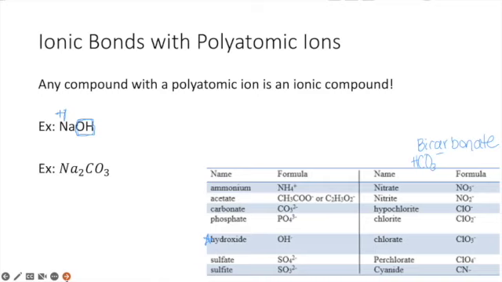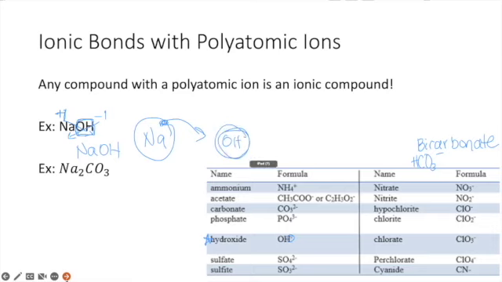I want to look for them on this table and identify that it has a minus charge. So when we cross their charges, they come together. Sodium gave his 1 electron to this guy, who was looking for one.